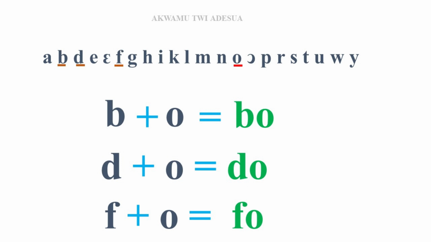F and O, which is the F, plus O will give us F. G plus O, which is the G, and the O will give us Go.